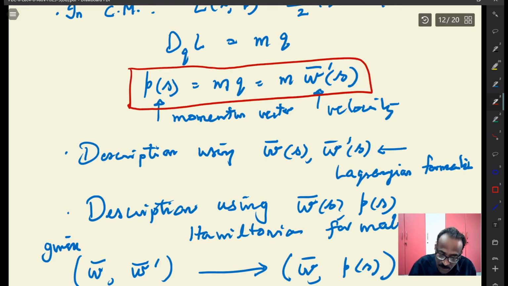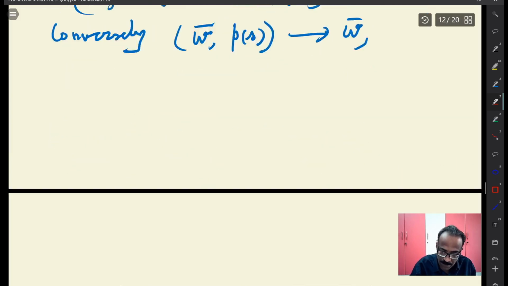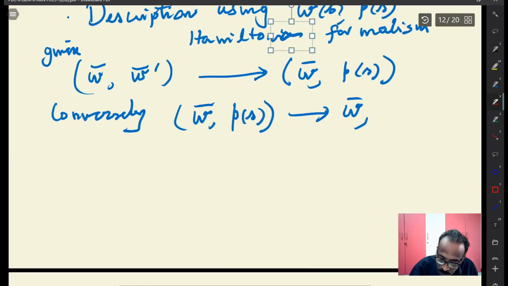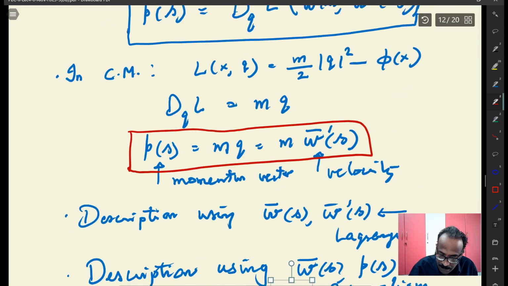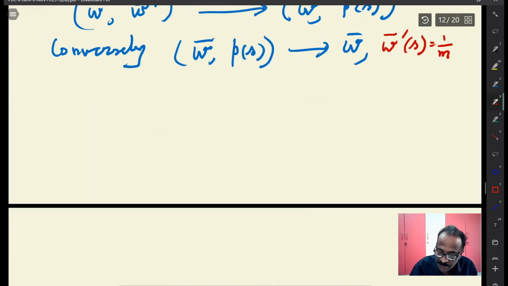Given P you can compute W bar prime. You see, that is equal to 1 over m times P of S.